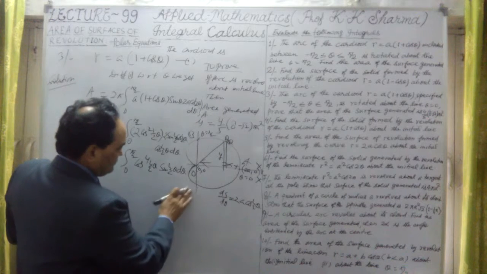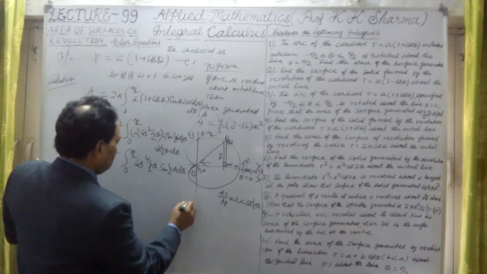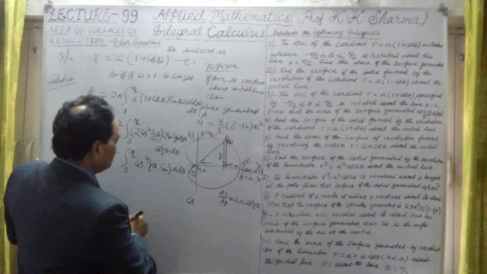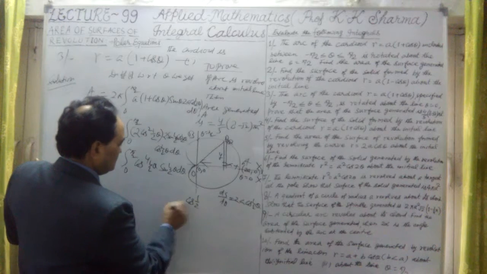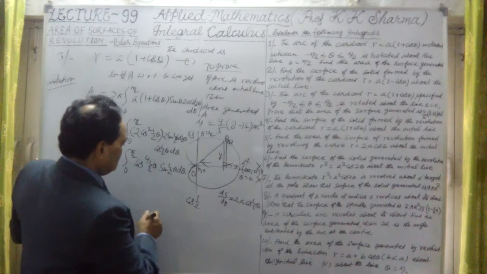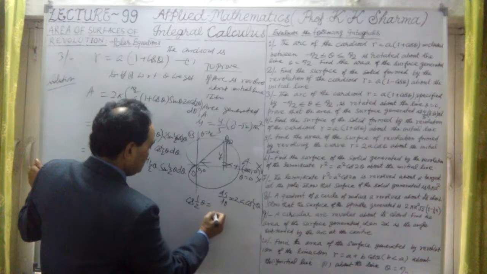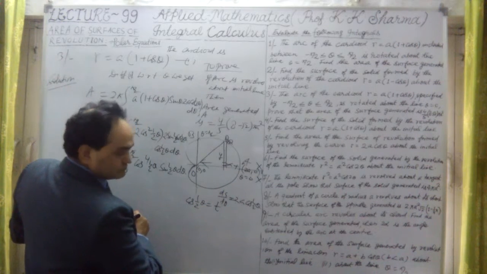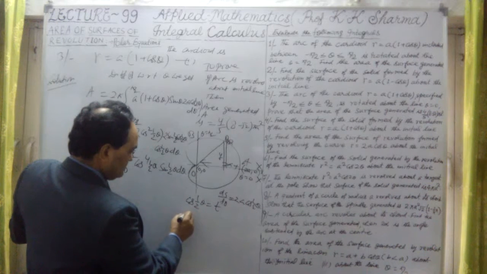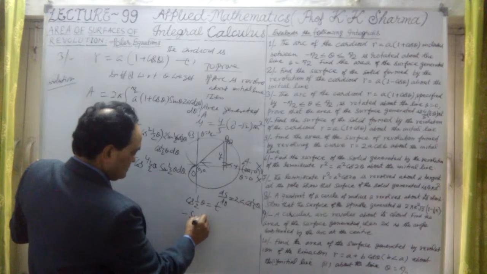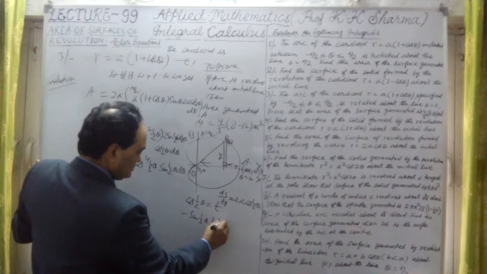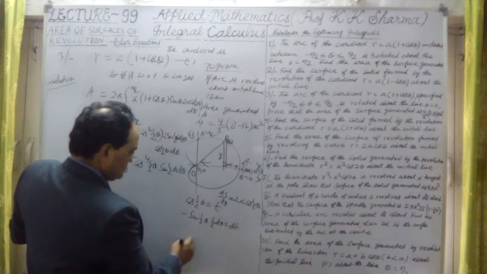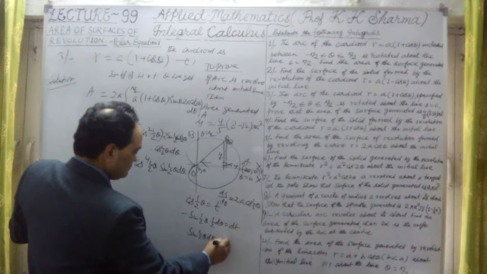Now come to the point. So if I take cos of half theta equal to t, let me take. Okay, then minus sin theta into 1/2 d theta equal to dt, or sin of half theta d theta is equal to minus 2 dt.